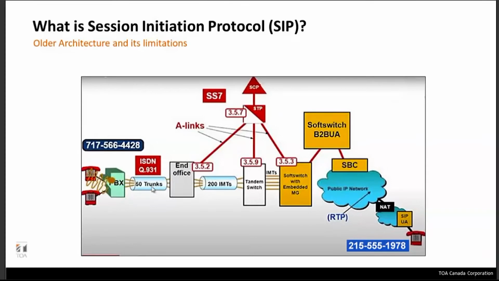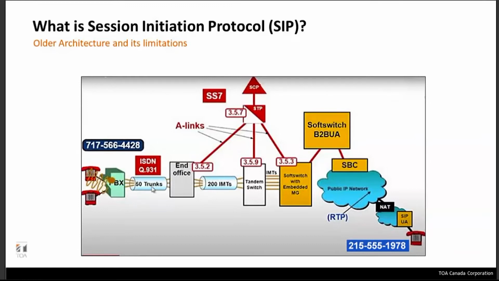So you can see various technologies are involved. This is ISDN, and when it hits a CO, the CO does the packet switching, which is SS7, and at the end we ended up in the soft switch, which converts to your SIP environment.